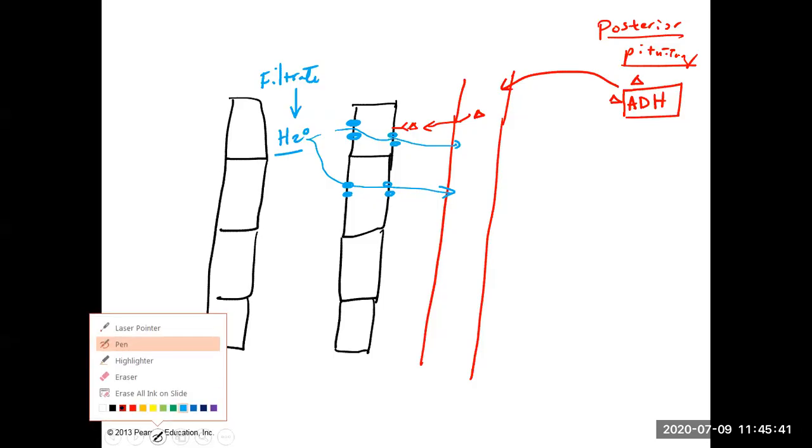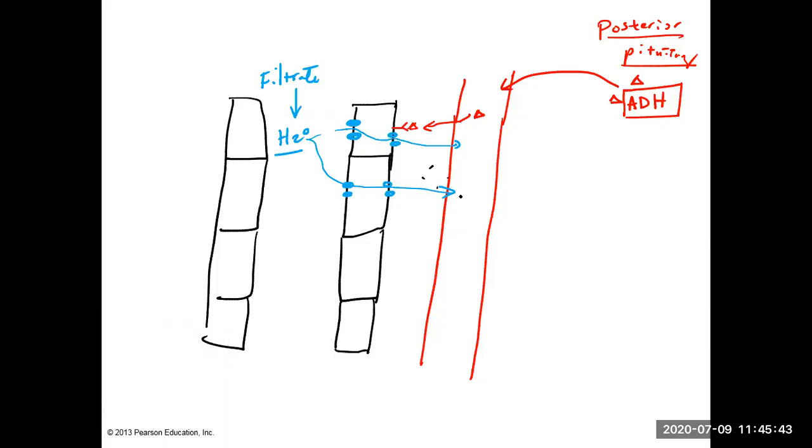Because outside of this tube, you have a higher amount of solute. You'll see a reason why shortly, but basically, remember what we did earlier. All right. So the water can go in here.